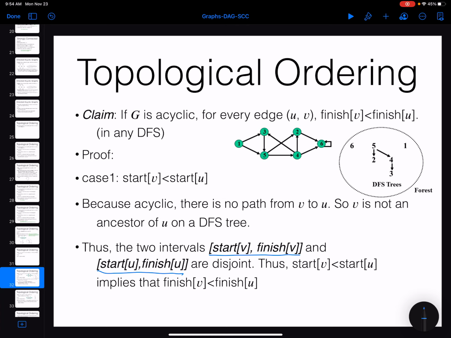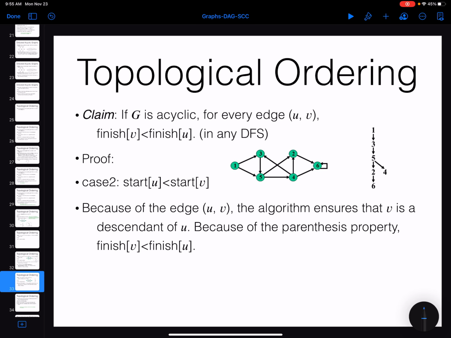Something like this, that for example for 6, the start and finish time, remember, was 1 and 2, right? Because there are some edges from, for example, 2 to 6, or 4 to 6, the start and finish time of both 2 and 4 will be greater than that of 6. So definitely the finish time for those nodes is going to be greater as well.